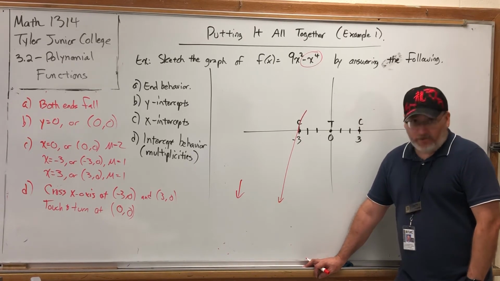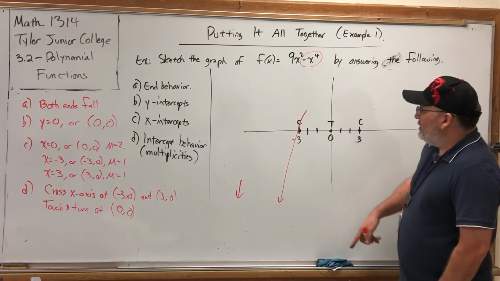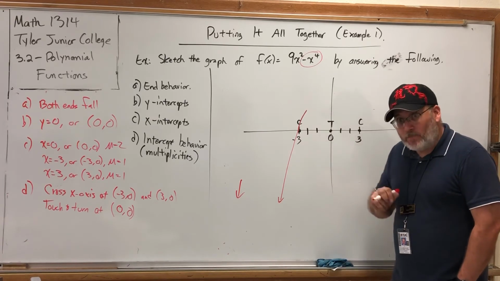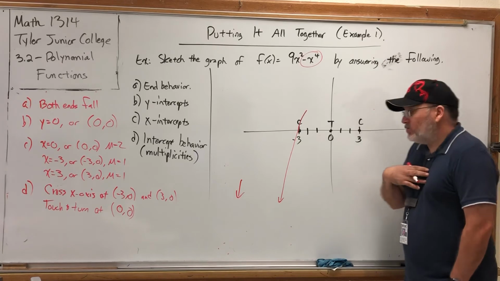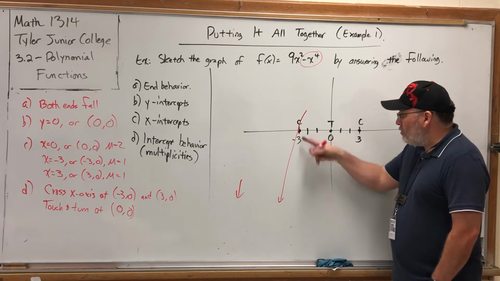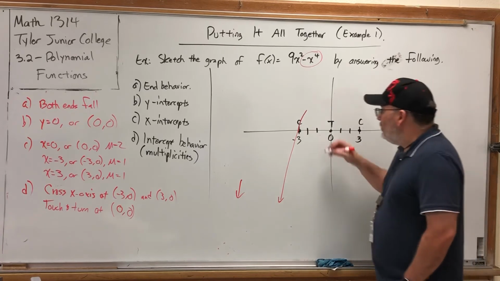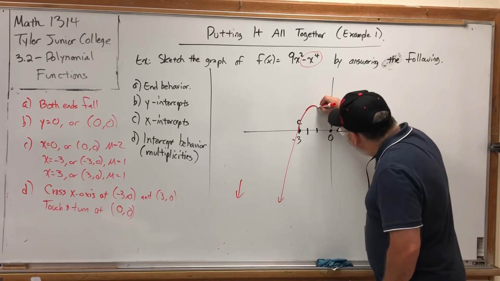In calculus, you will learn how to do that if you're going that far. Of course, technology can also locate the high and low points. On Desmos.com, you can click a high or low point, and it'll tell you its approximate coordinates. But for our purposes, all we know is that after we cross here, we're going to have to turn around somewhere to touch and turn. Where is irrelevant for our purposes.